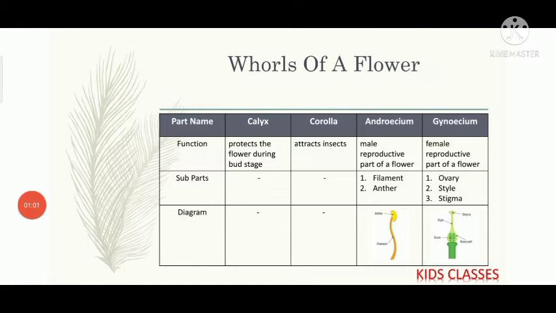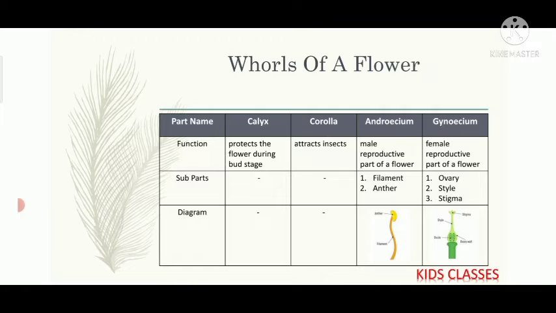Now come to the second whorl of the flower. What is the second whorl of the flower? That is corolla. So what is corolla? It is the second whorl of a flower. It consists of large, bright, scented petals. Okay. That's why it is the most attractive part of the flower. Petals enclose and protect the reproductive part of the flower.